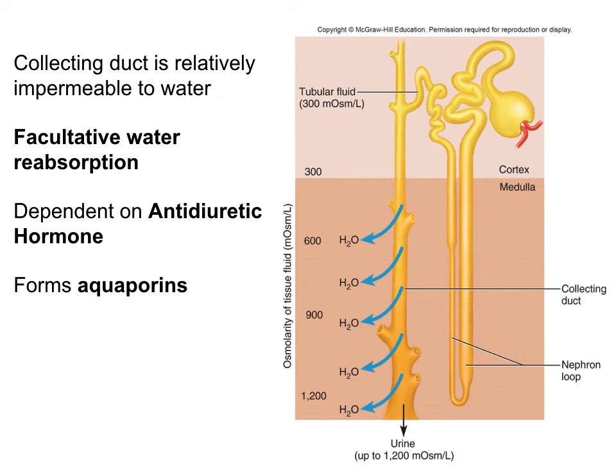In diabetes insipidus, the danger is that you're unable to perform this facultative water reabsorption. You start having large amounts, up to 20 liters per day, of this very watery urine, and you can die from dehydration very quickly.